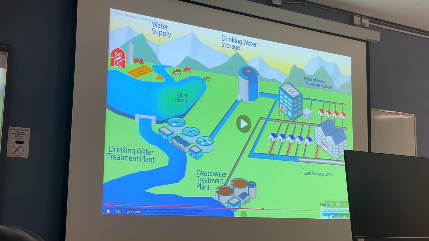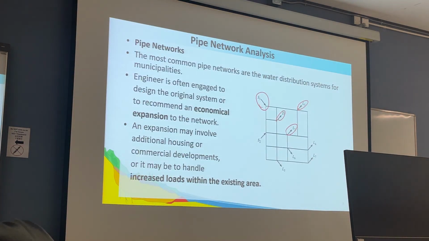After the users have used the water, the wastewater will be collected here, then treated by the wastewater treatment works and discharged to a natural water body. Now, to maintain the water supply system, most of the time it will have a single way for the water supply.